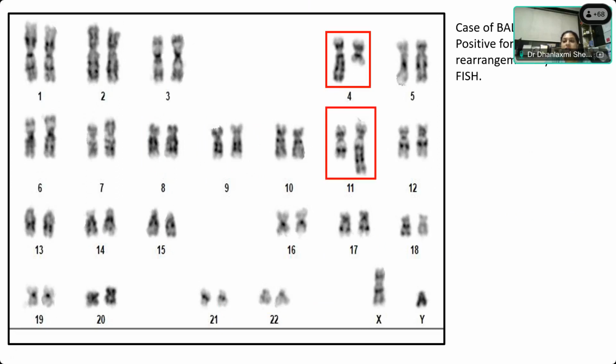Okay, I think this is the last one. And this is a case of B-ALL, where KMT2A was positive by FISH. Can someone identify what abnormality this is? And this is again shown by Dr. Mayur. The images were fantastic. So this is a simple example. It's very simple.